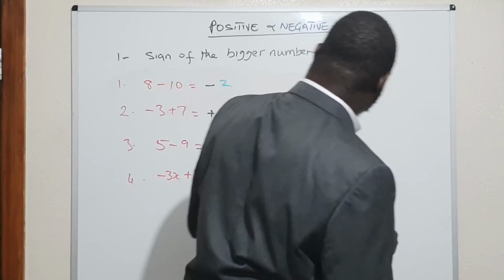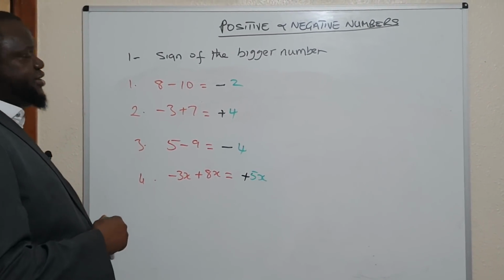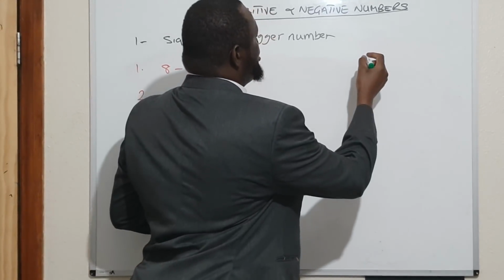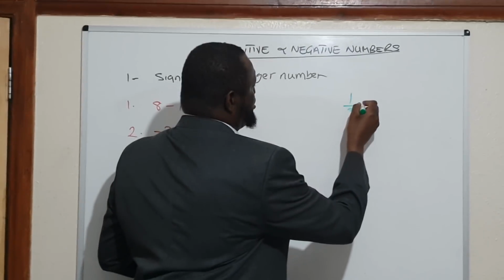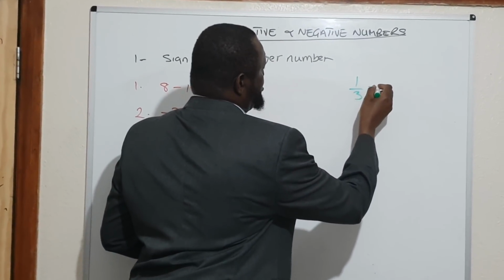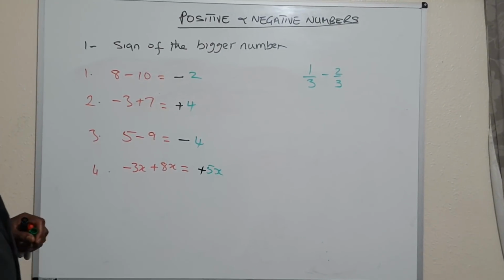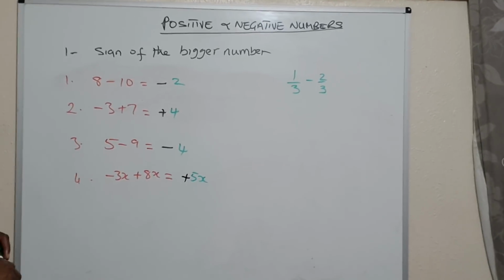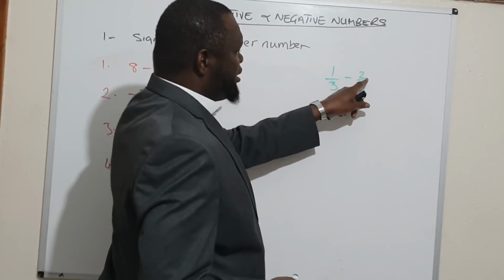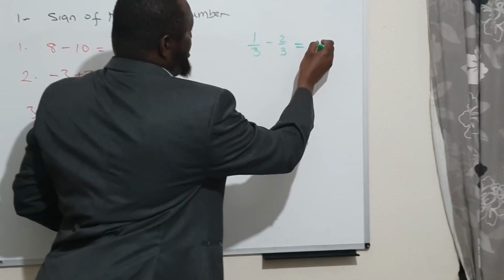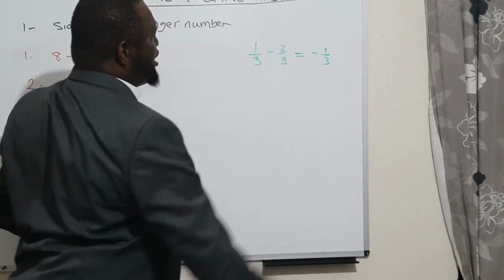Now, I told you the application is in most cases in algebra and in fractions. Like somebody gives you this. What do you do? Find the sign of the bigger number. The bigger number is 2 at the top, and its sign is minus. 1 minus 2 is 1. And you bring your 3 down because the denominators are the same.